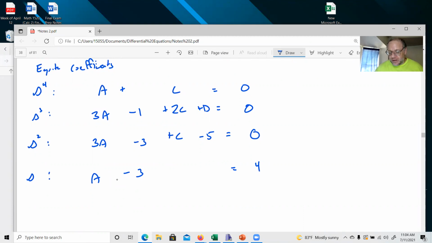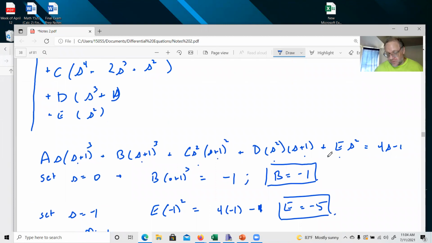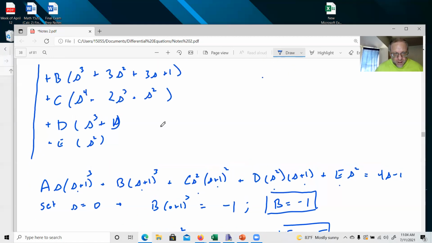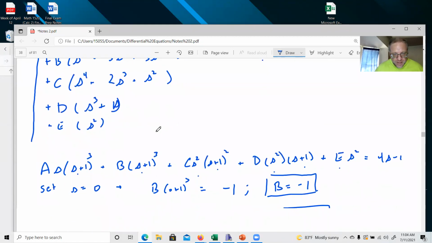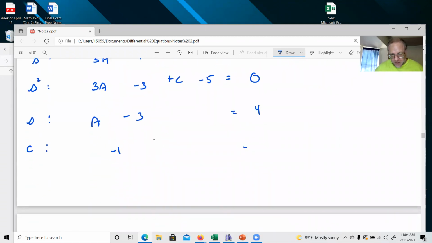It's 4, because it was 4s minus 1 all the way back up here. And then my constant term. I think the only constant term I have was b, and b was -1. And then on the other side, what was it? -1. So that's a nice tautology there.